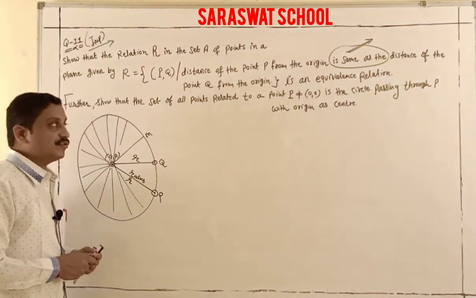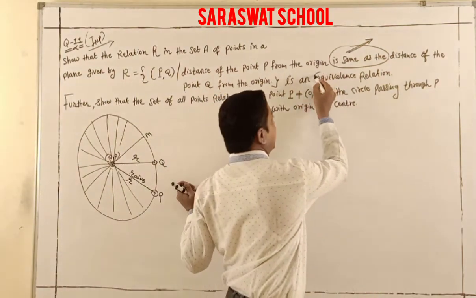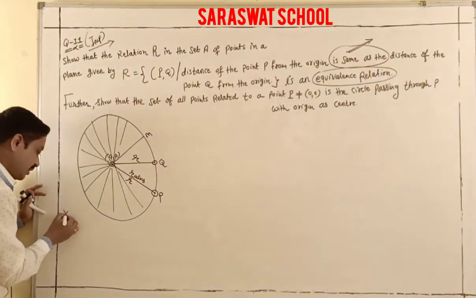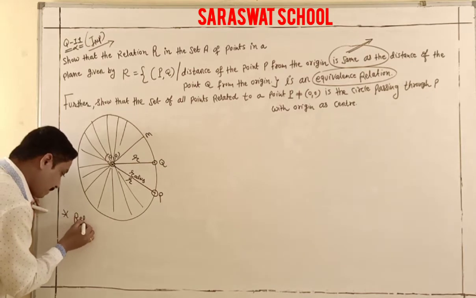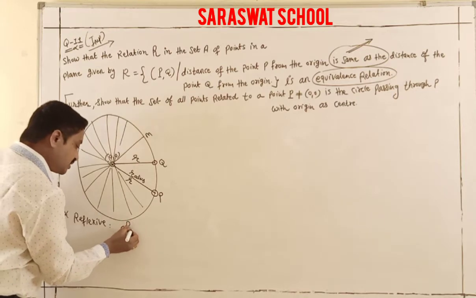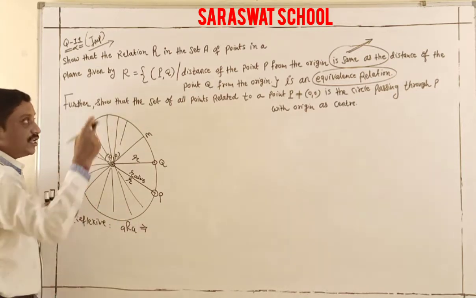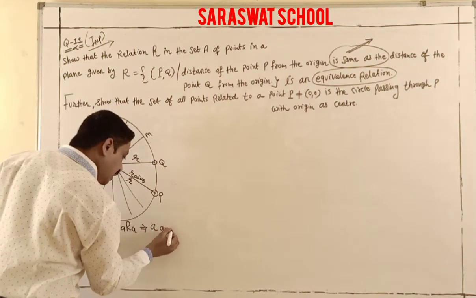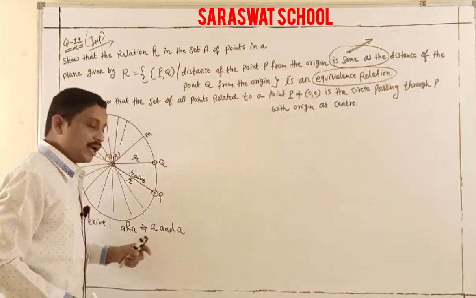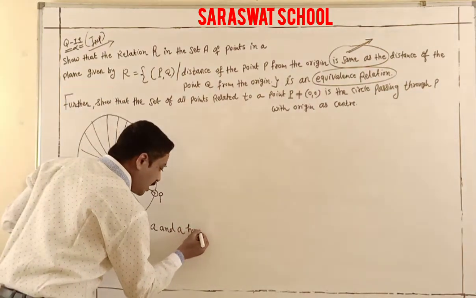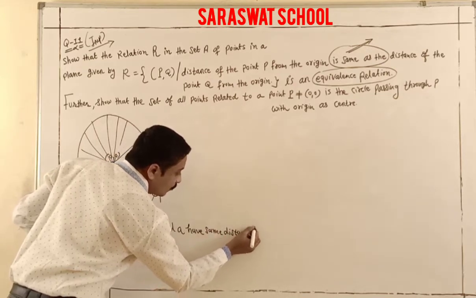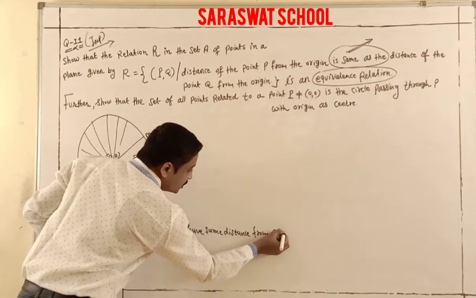Yes. Here, first of all, we are proving the equivalence relation. Students, I start slowly. First of all, the reflexive relation. What is a reflexive relation? For a relation, I am checking A and A. Here P and Q are given, but I write A and A have the same distance from the origin.